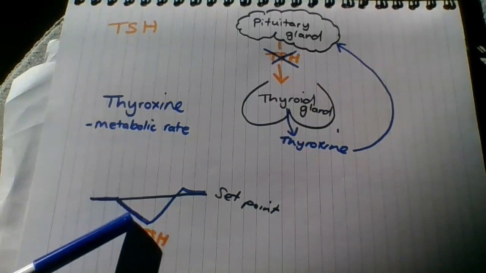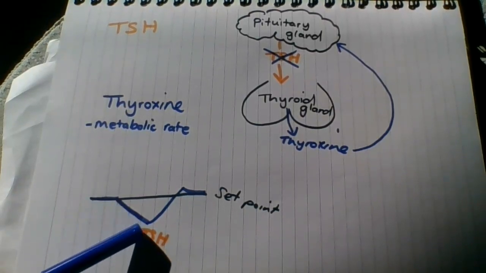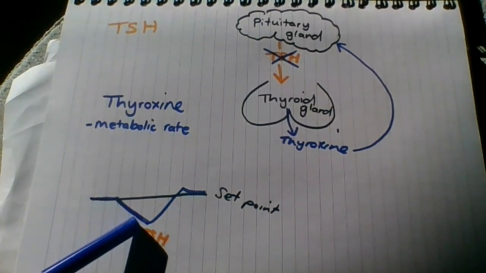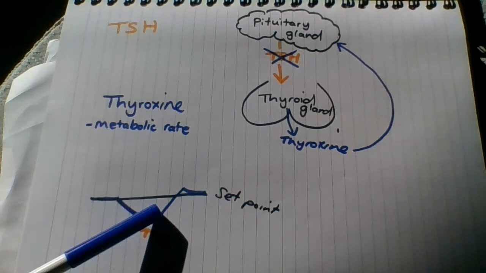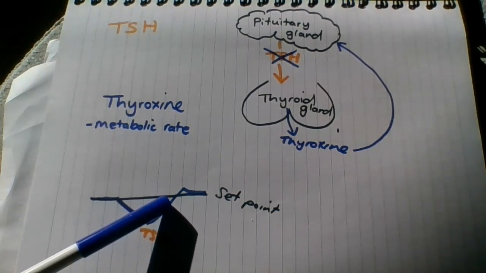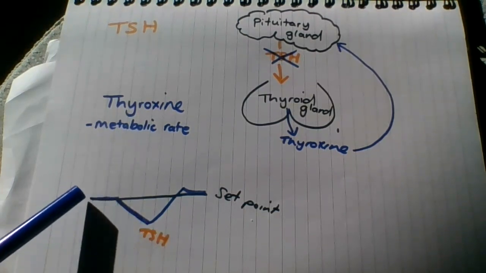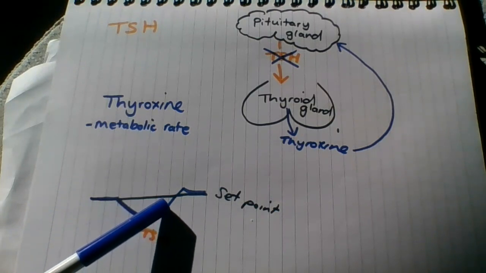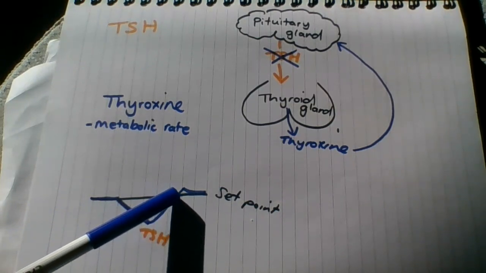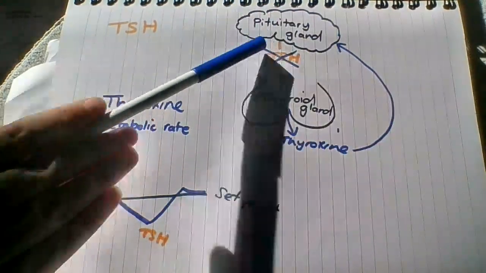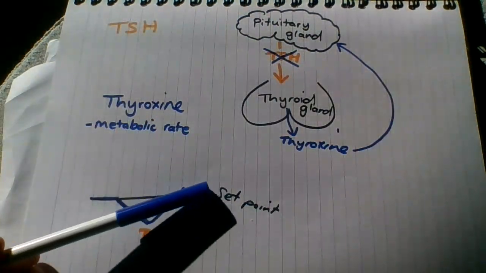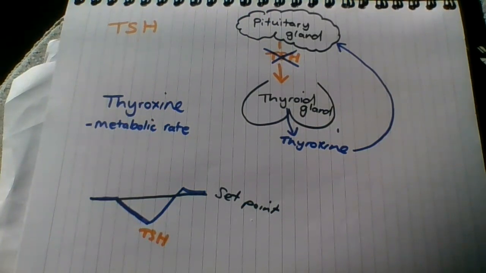Remember, negative feedback is a reverse of a change. If the thyroxine levels fall, TSH, the thyroid stimulating hormone, will reverse that change by stimulating the thyroid to release thyroxine. Remember, this blue line is thyroxine. So thyroxine increases, but if we get too much thyroxine, it's the thyroxine level that actually stops any further production of TSH, allowing it to stay at its set point. Aren't our bodies amazing?